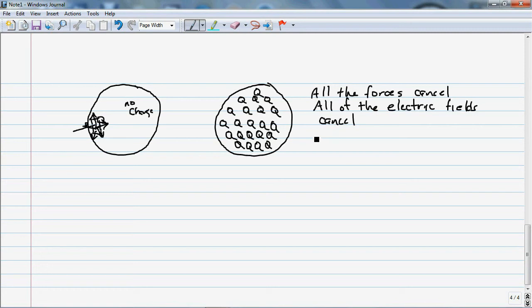And so there is no electric field inside conductors.